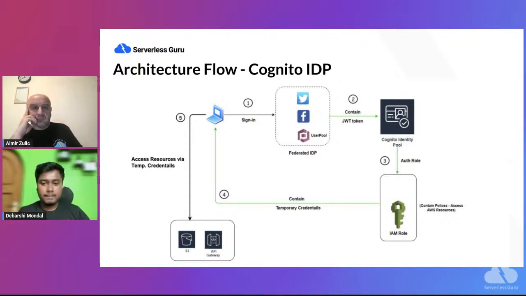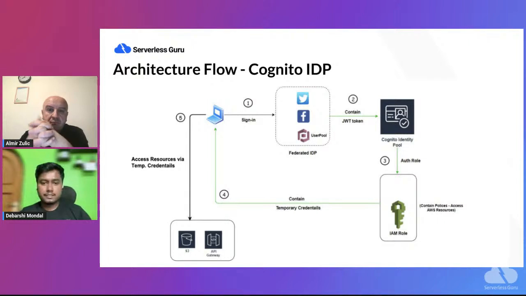If everything goes well, on behalf of AWS IAM, it will generate temporary access grants consisting of an access key ID, a secret key, and a session token, which are temporary credentials. With these temporary credentials, we come down to point 4, where they are sent back to your browser, and you can store these credentials.